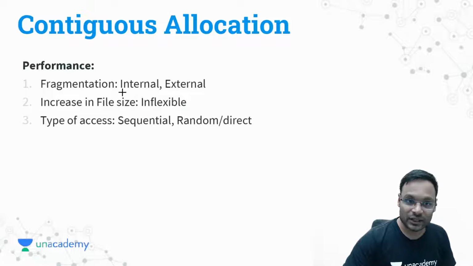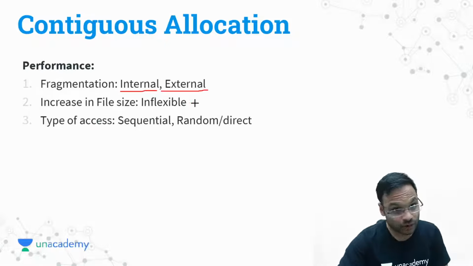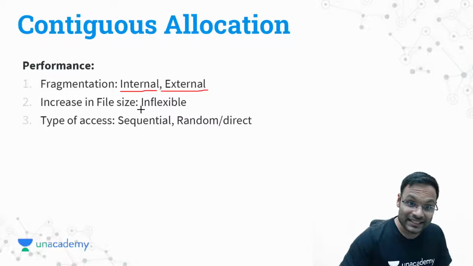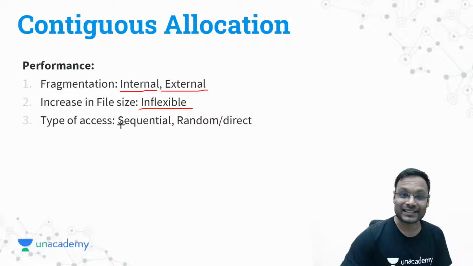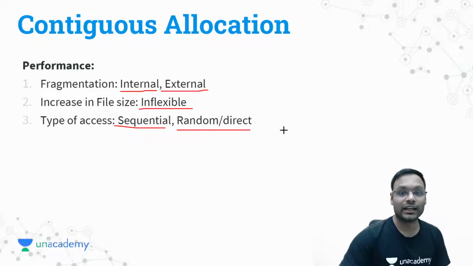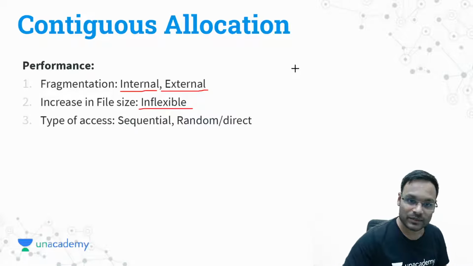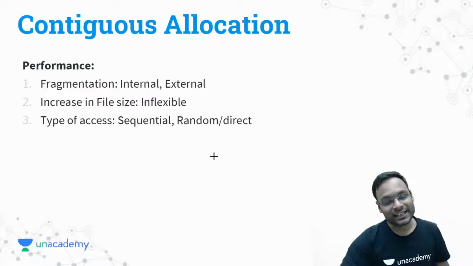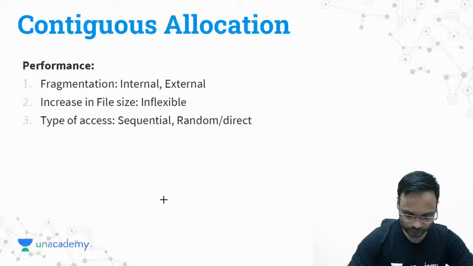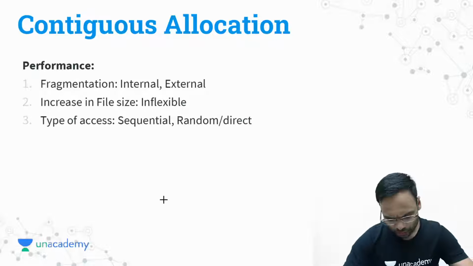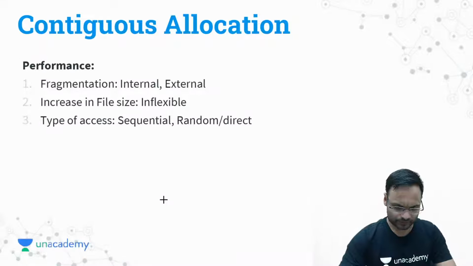In this contiguous allocation, you can have internal fragmentation and external fragmentation both. If file size increases, then this method is inflexible. Plus, type of access can be sequential and random both. Directly you can access a specific block, and sequentially also you can access the file blocks. Internal and external fragmentation, both will be the problem here.